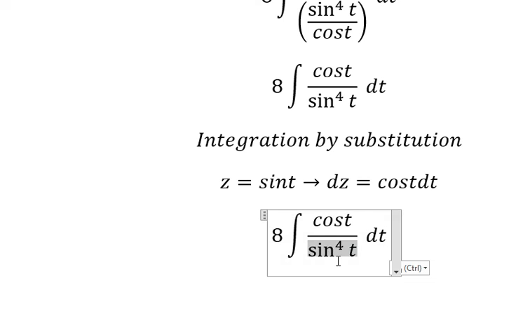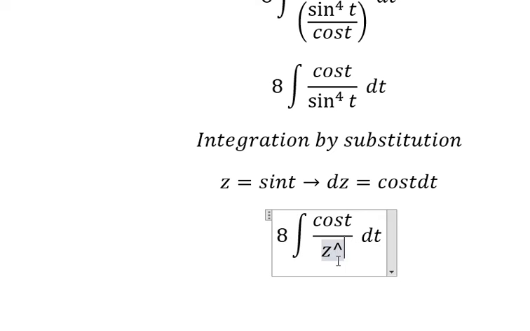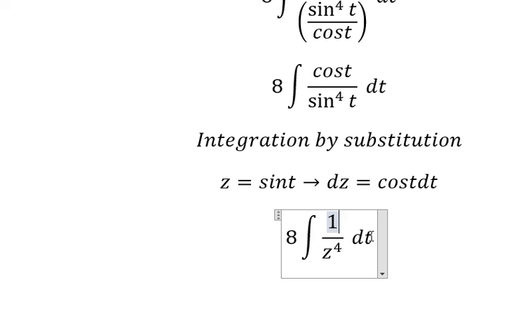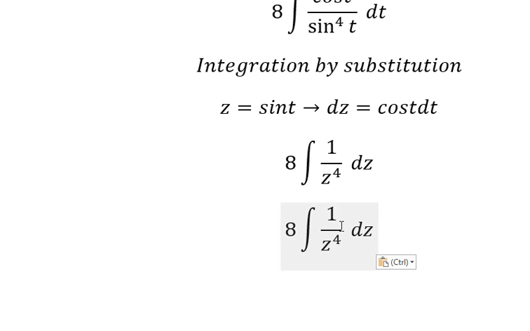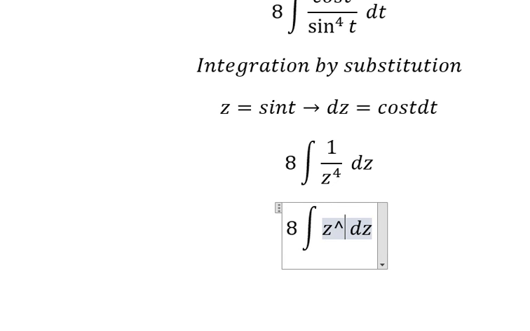So this one we have z to the power of 4 cosine t dt, we change by dz. So this one we can change into z to the power of negative 4.